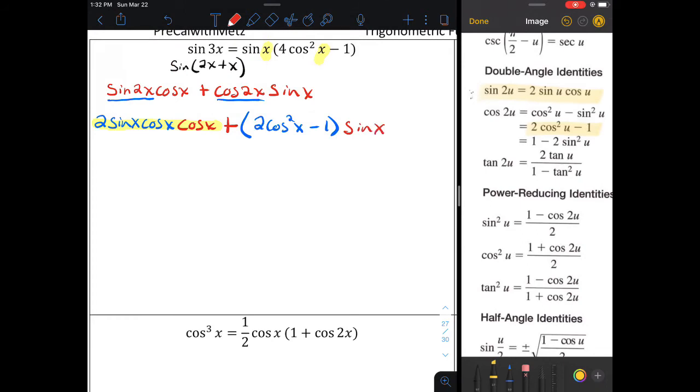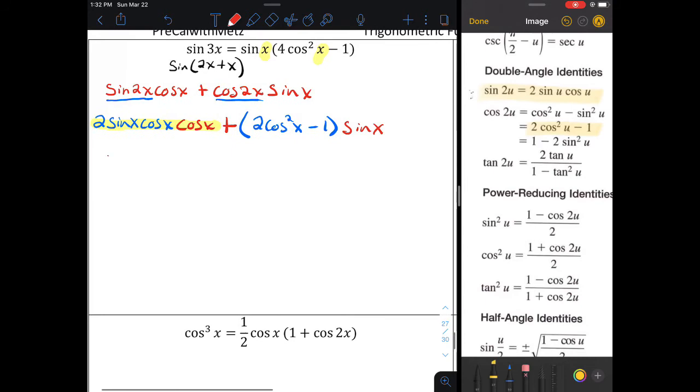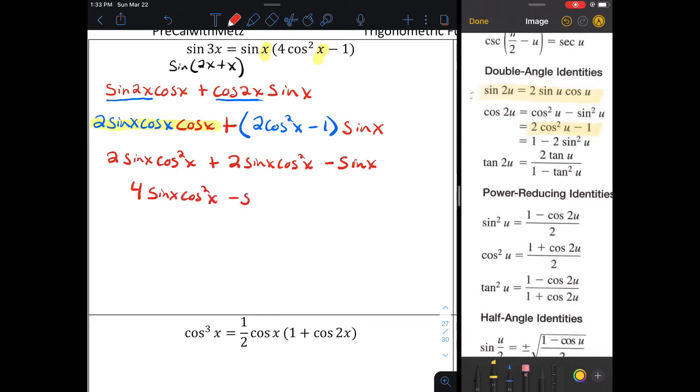Then multiply this all the way out. We'd have 2 sine x cosine squared x plus 2 sine x cosine squared x minus sine x. That gives me 4 sine x cosine squared x minus sine x.